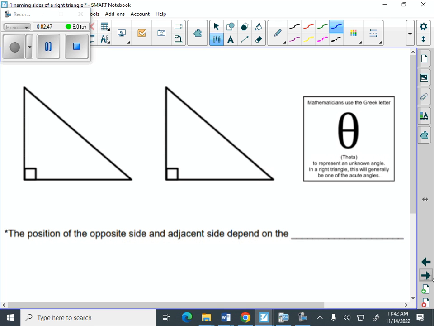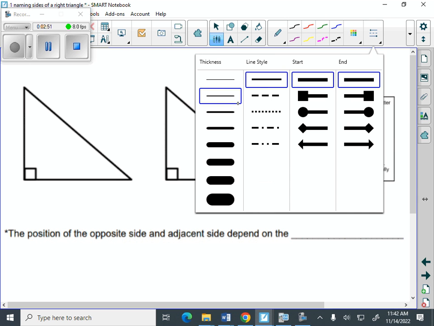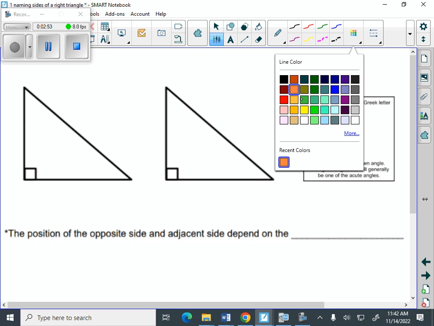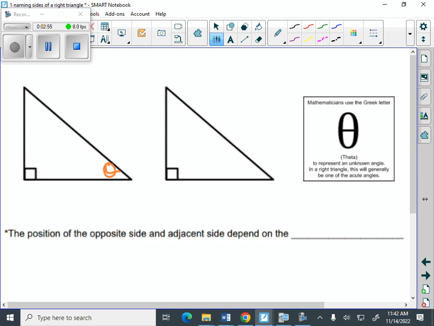If we start with the triangle farthest to the left, I'm going to put theta, which I usually make as a cursive O, in the corner of that triangle.